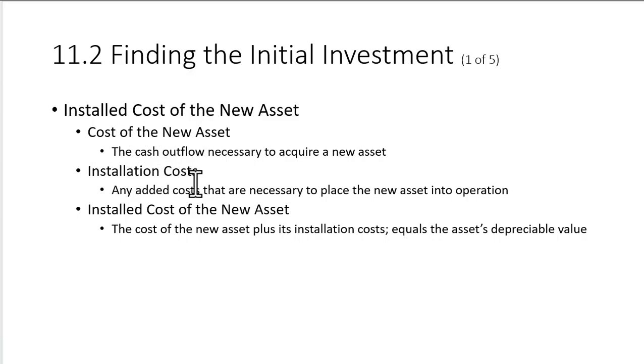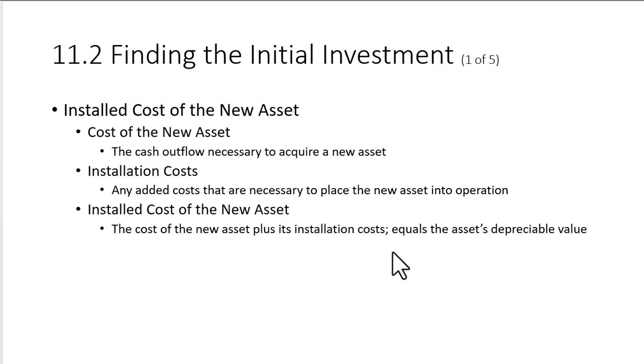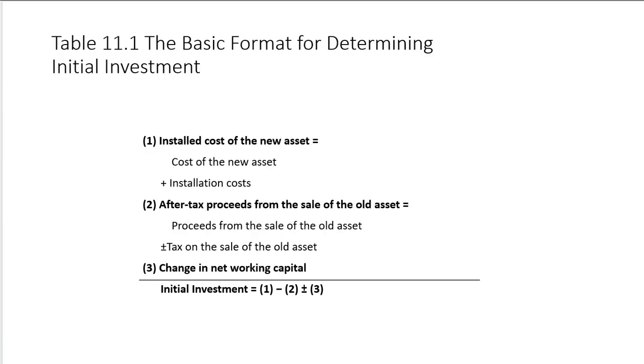But we also have to include any installation costs, whatever it costs to get this asset producing cash flows for the company. So our number that we're searching for is something called the installed cost of the new asset. And in previous videos, we've also talked about this as being the depreciable value or the depreciable basis. That's the depreciation we'll take on this new asset.